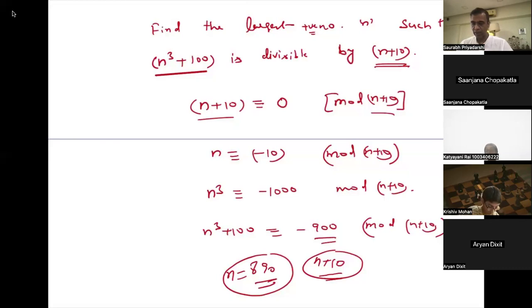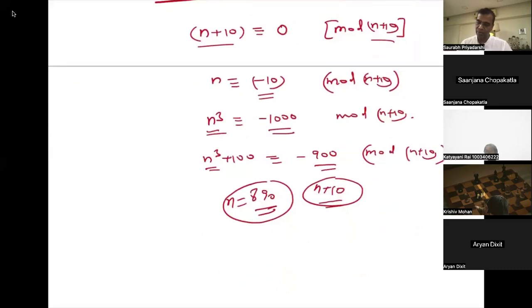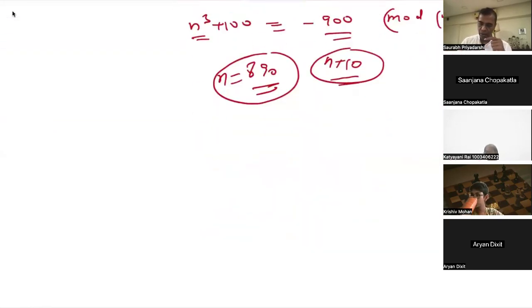So n is congruent to minus 10 mod n plus 10, so n cube is congruent to minus 1000. So n cube plus 100 is congruent to minus 900 mod this. So 900 must be divisible by n plus 10. So obviously, 890. Thank you. Now, you have to work a little bit on that, right?